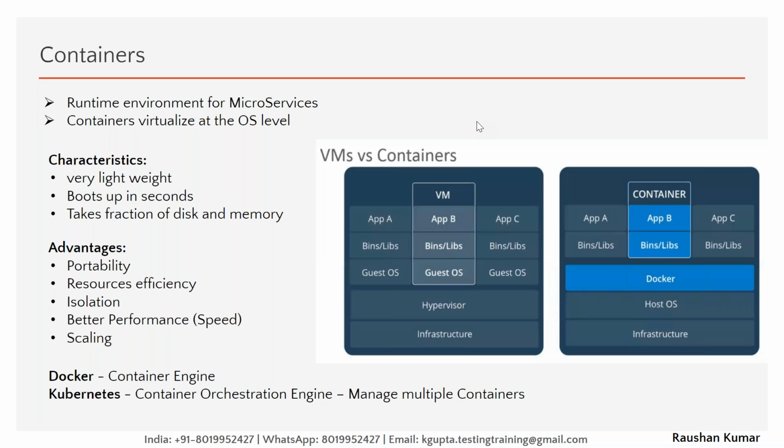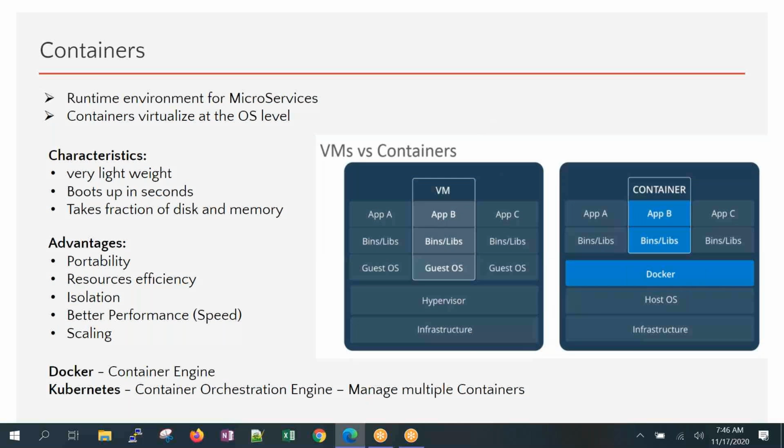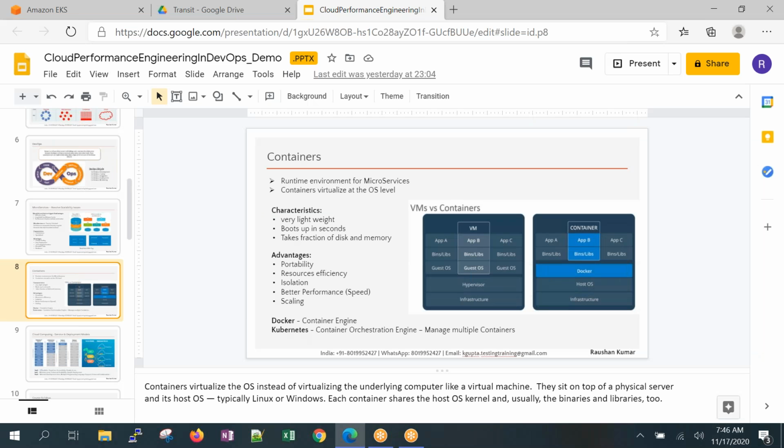When a container reaches 100% of the CPU, can we make another container available at runtime? Exactly, we have the auto scaling concept in Kubernetes. Horizontal auto scaling, HPA we call it, horizontal pod autoscaler, and cluster autoscaler as well. If the requirement is for more pods, more containers, this will be automatically scaled up.